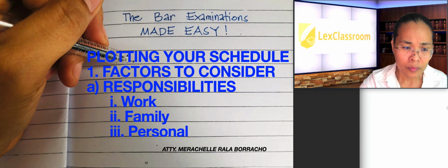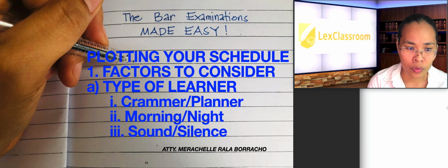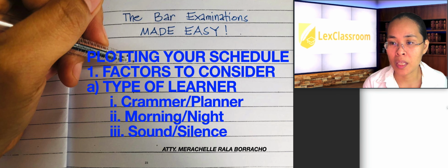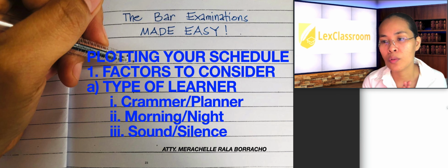Now, what type of learner are you? I identify the opposites, or I am trying to polarize, although there are people who could be in the middle. There are those who are real crammers. There are those who are planners.